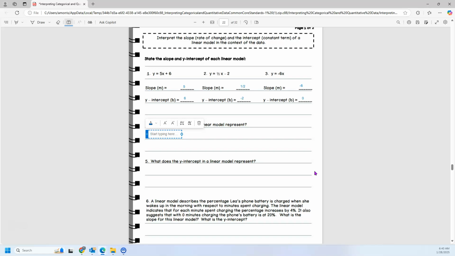And so slope is the ratio of the change in the y and the change in x, okay?